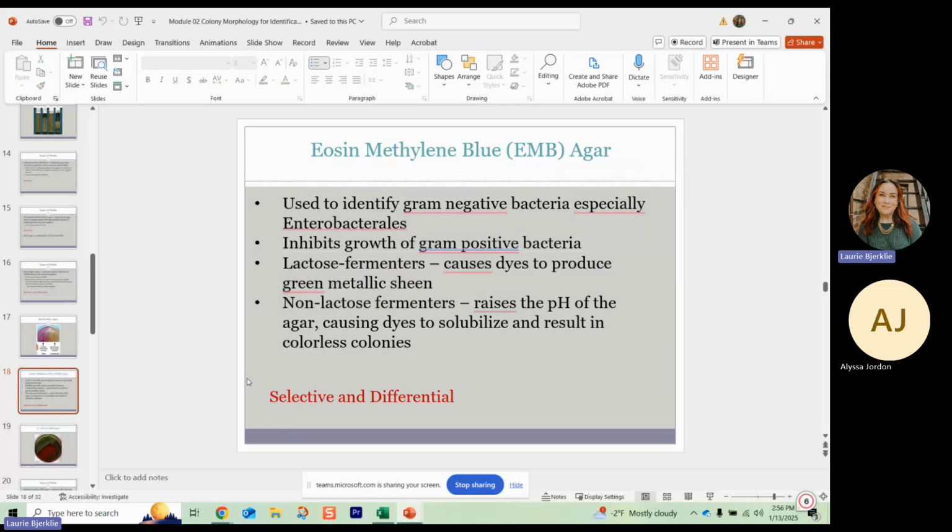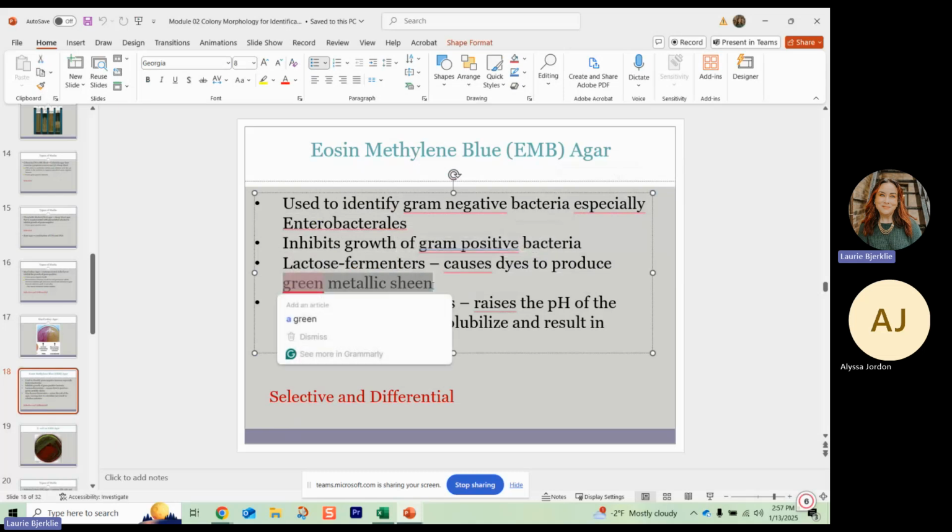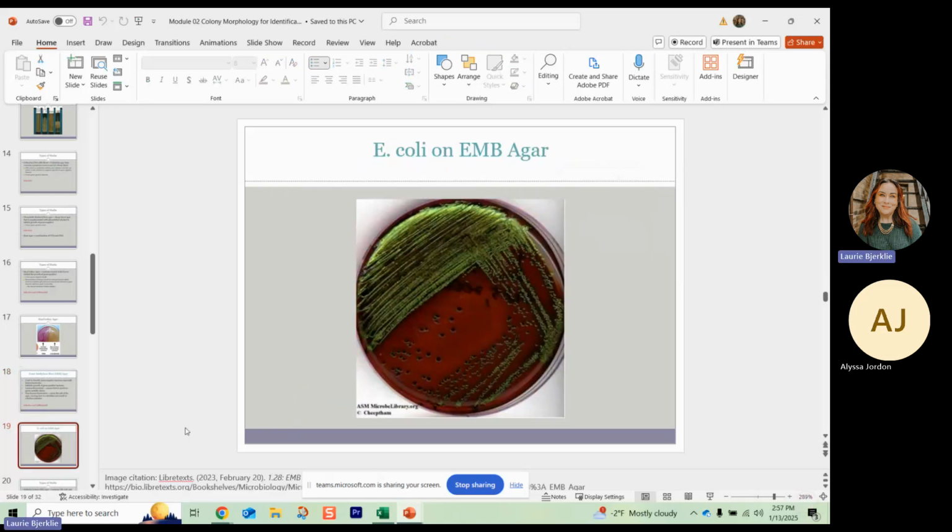So again, a lot of labs might have one or the other. They might like always having MacConkey agar in hand. They might like having EMB agar in hand. They have the same purpose. One note here is when they are lactose fermenters on EMB, they will take on a green metallic sheen. And you see that here. E. coli is well known to be a lactose fermenter, and it will have that beautiful green metallic sheen on it when it grows.